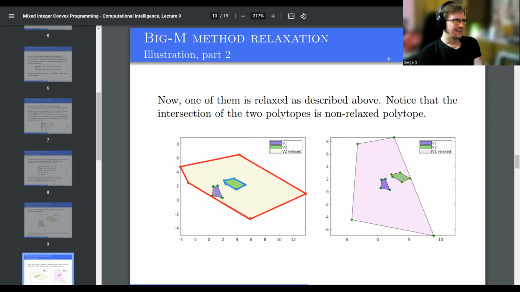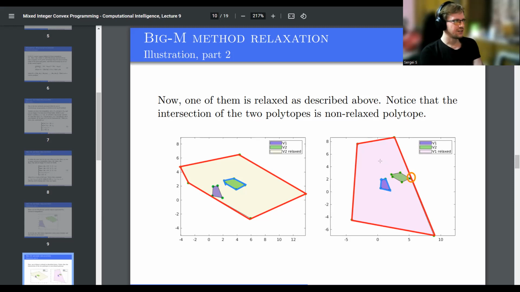All right, now let's see the opposite case, when we are going to expand V1. So here's V1, the original boundaries of V1, and we expand them. Again, using big M. You can see we expanded them in such a way that this edge would touch.